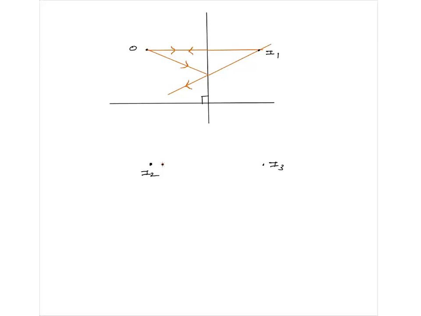Now if you are wondering that the mirror is so small, then how can this image act as an object for this? Well, if the mirror is here and if the object is here, no problem, you will get image. Why won't you get image? There are millions of rays. So how about all these rays?